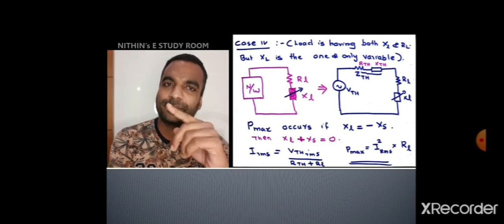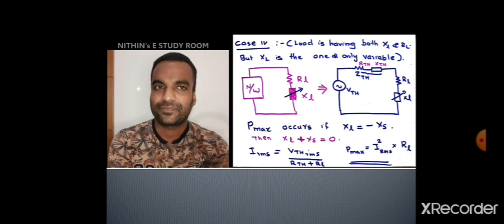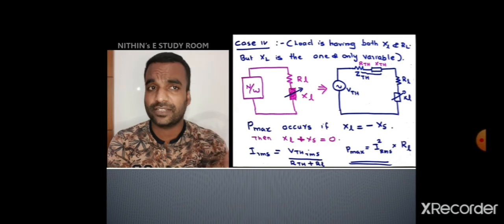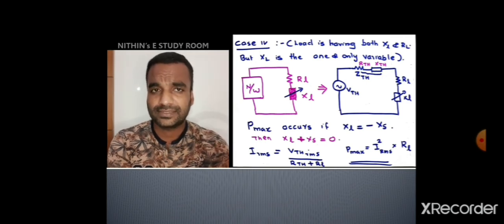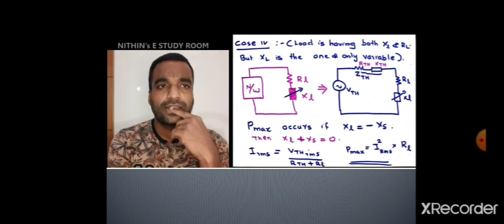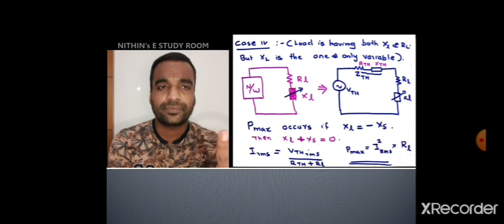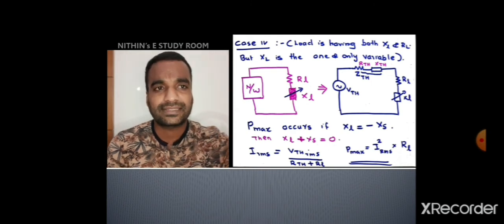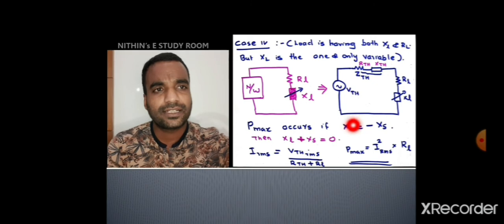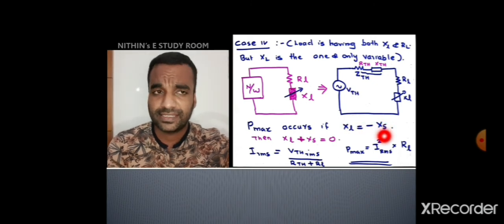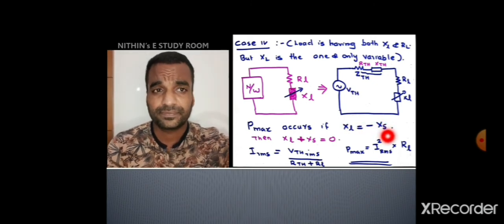You will replace XL with minus of XS or X Thevenin. XS is equal to X Thevenin itself. If it is a big network, you have to use X Thevenin. So XL is equal to minus XS or XL is equal to minus X Thevenin.